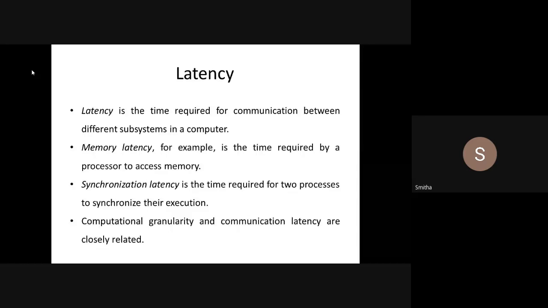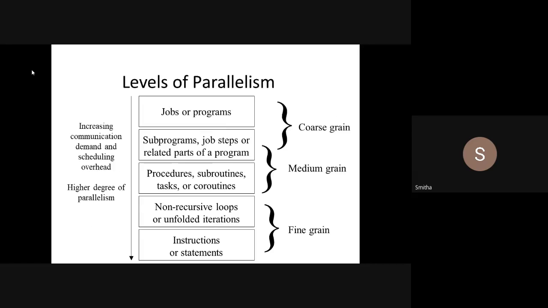Granularity is nothing but the size of a program, meaning the number of instructions in a program, and communication latency are closely related. Because in order to reduce the latency, we need to make some changes in the granularity also, so they are interrelated: computational granularity and communication latency.